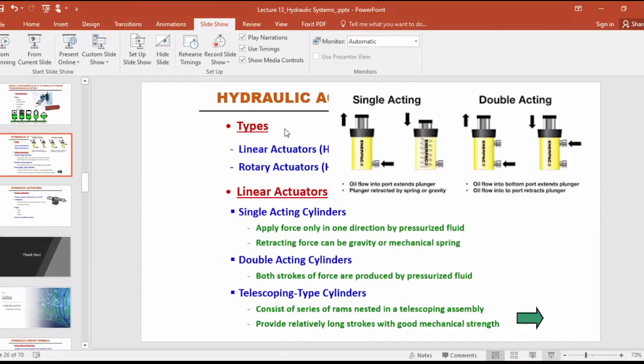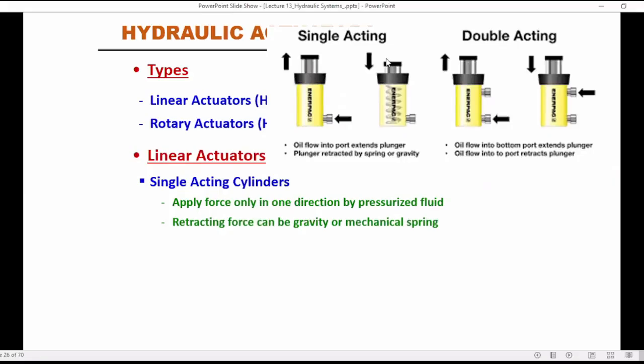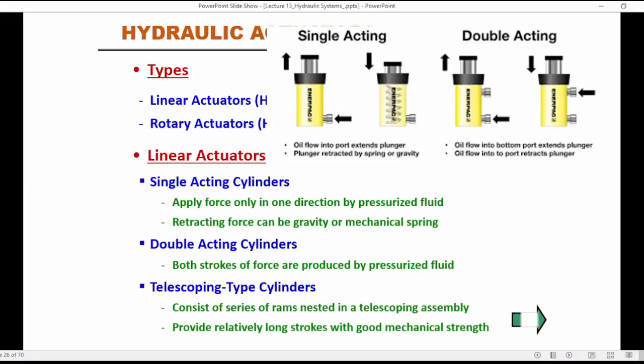Okay, here you can see a single acting cylinder. Operation of the single acting cylinder: you need to connect a fluid line here.